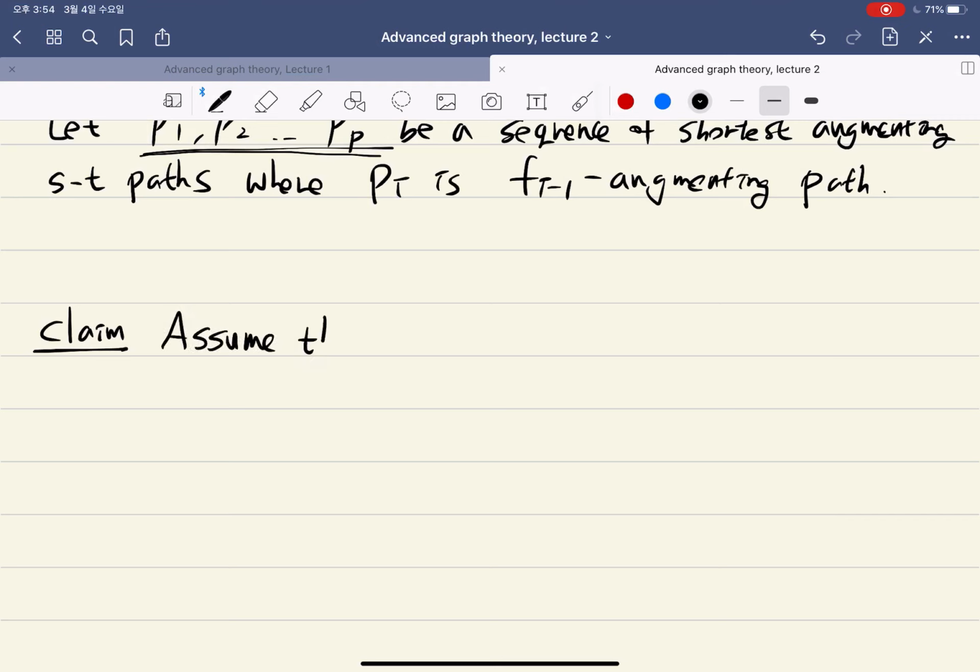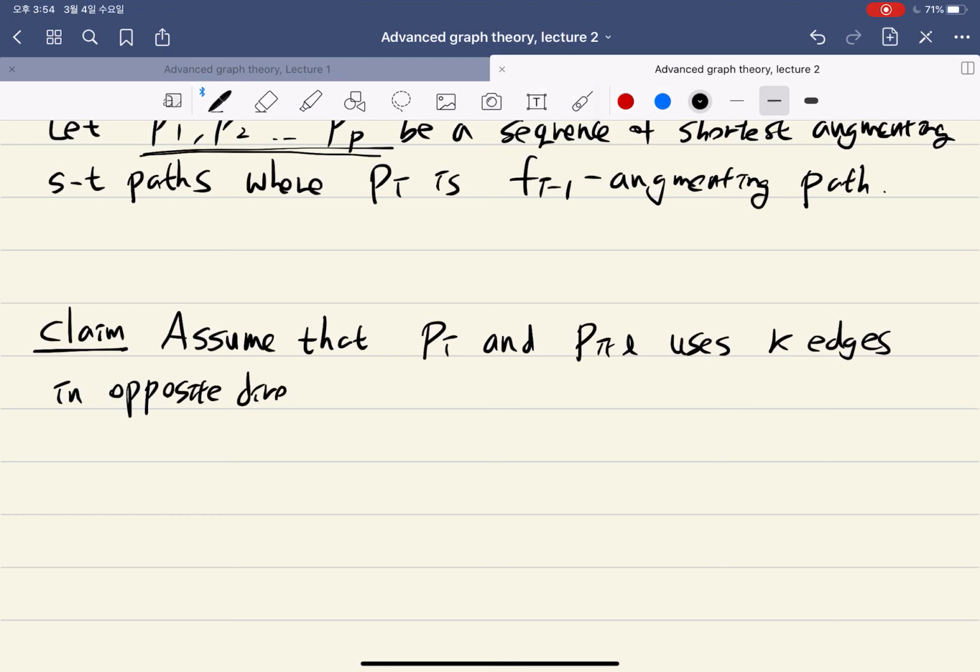So assume that we have this Pi and Pi plus l. They use, say, k edges in opposite directions. So there are E1 to Ek, and each edge is inside of this path, but in one it's traversed in one way, and in the other it's traversed in the other way.